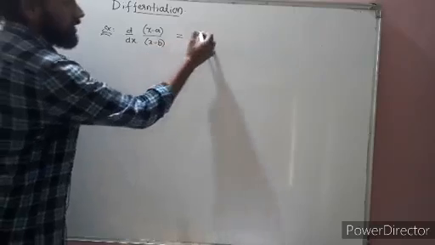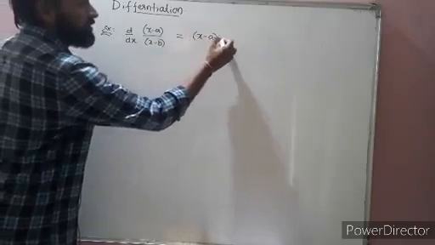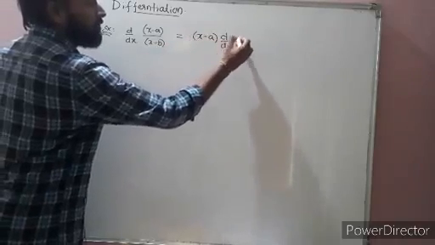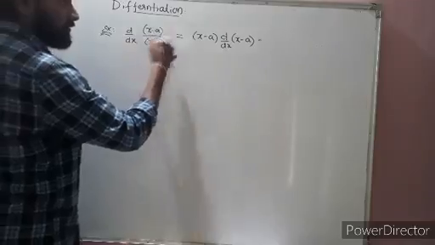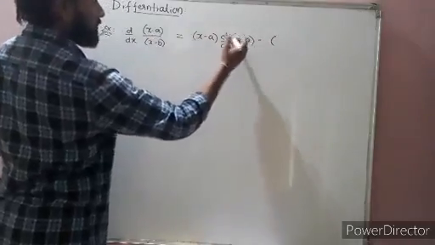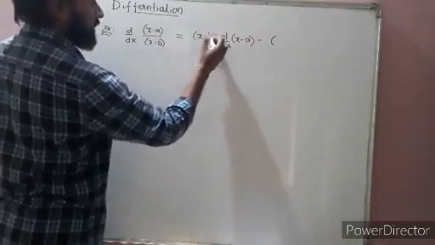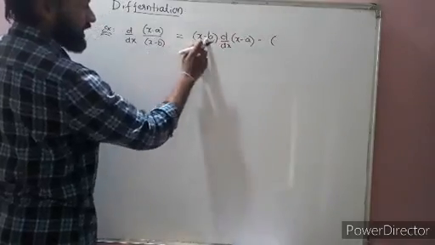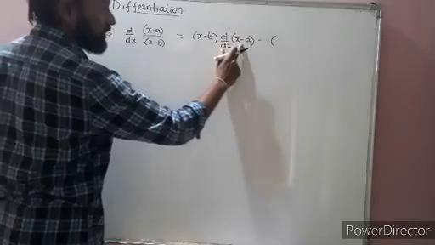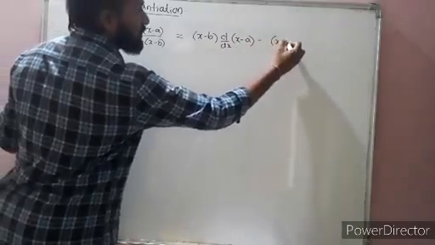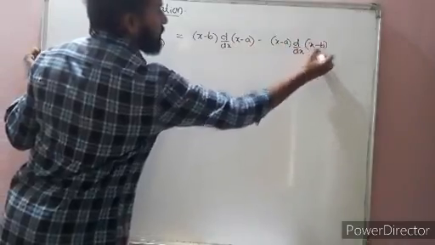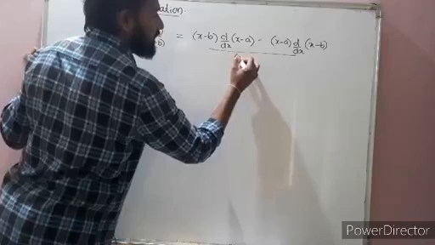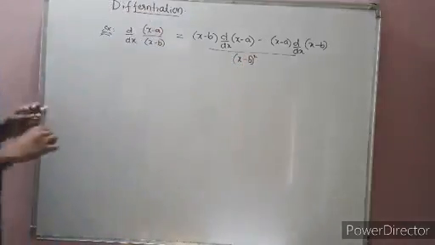The rule says: second function as it is, derivative of first function minus first function as it is, derivative of second function, whole divided by square of second function.